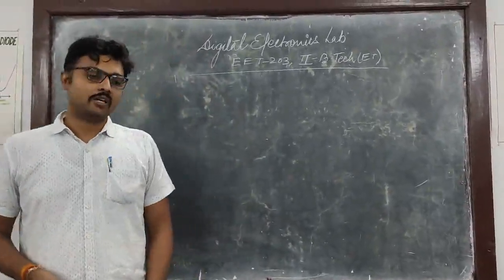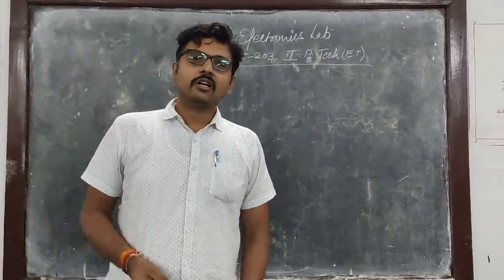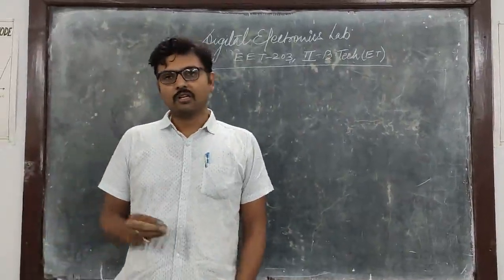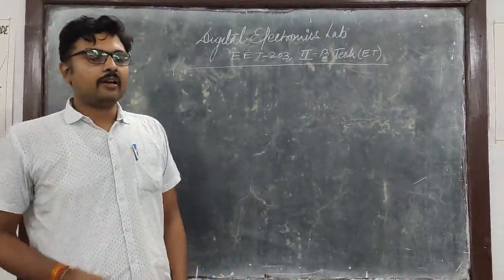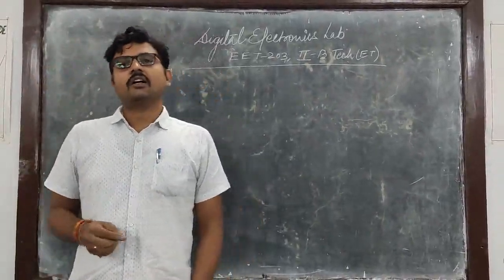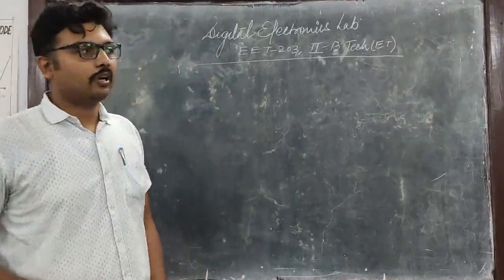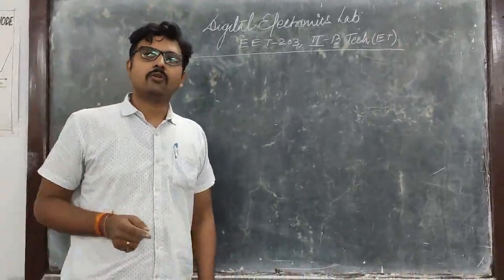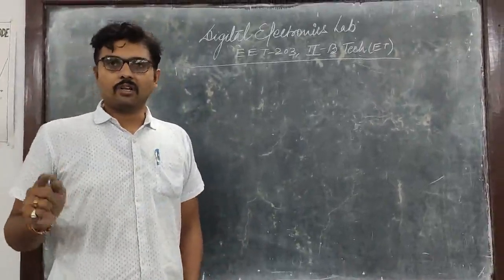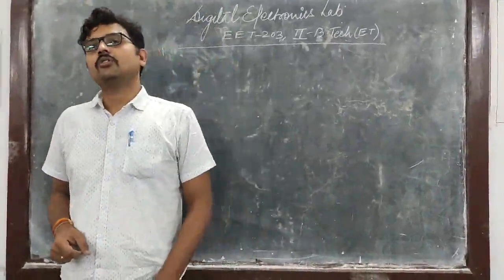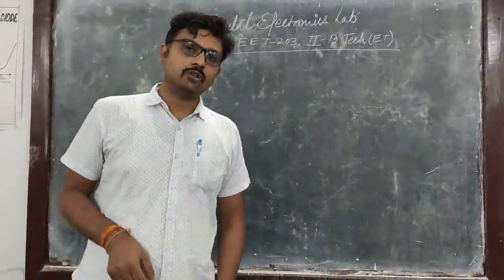Yesterday I explained that you have to perform a minimum of 8 experiments during the semester. Here I will demonstrate how you will perform the experiment, how you will write it in your experimental book, how you will take the readings, and who will assist you throughout the semester.